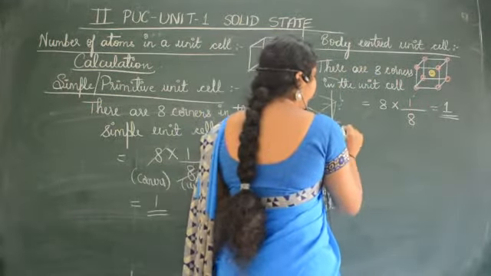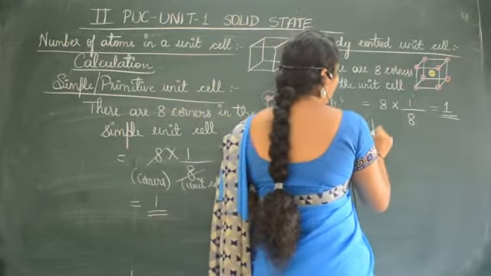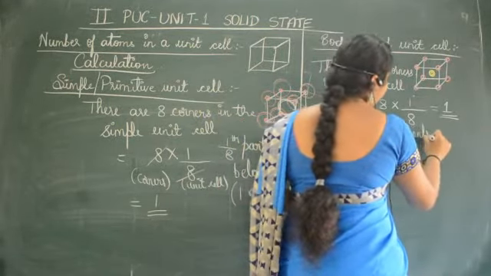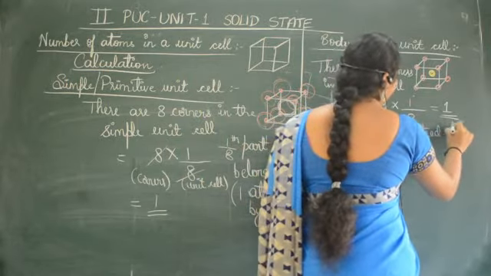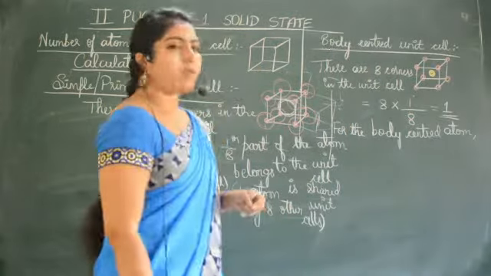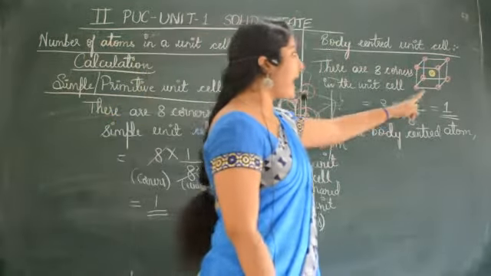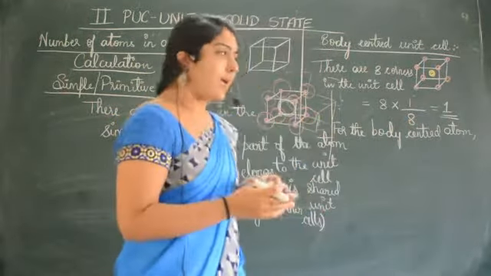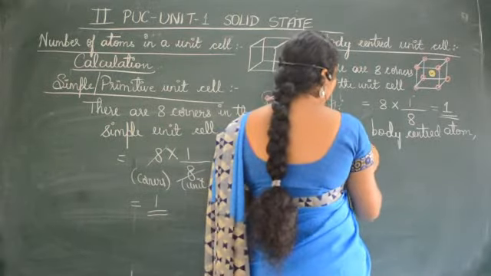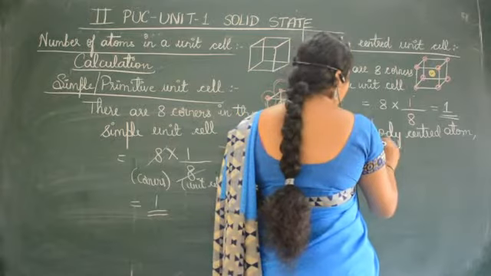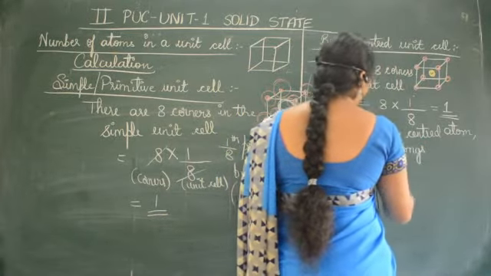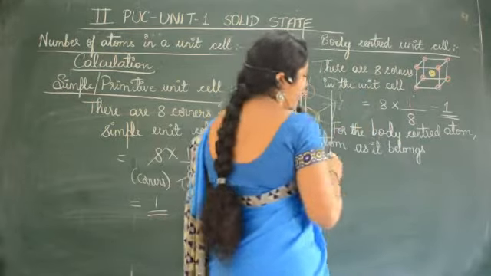For the body-centered atom, what is it? That body-centered atom belongs to only that unit cell. Or you can write the number of body-centered atoms.